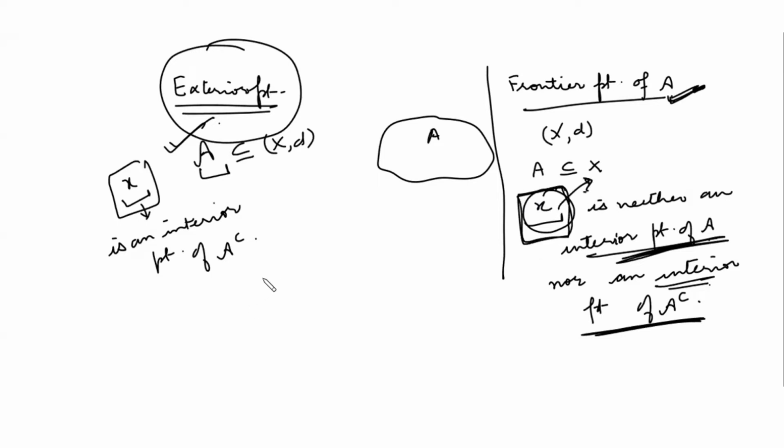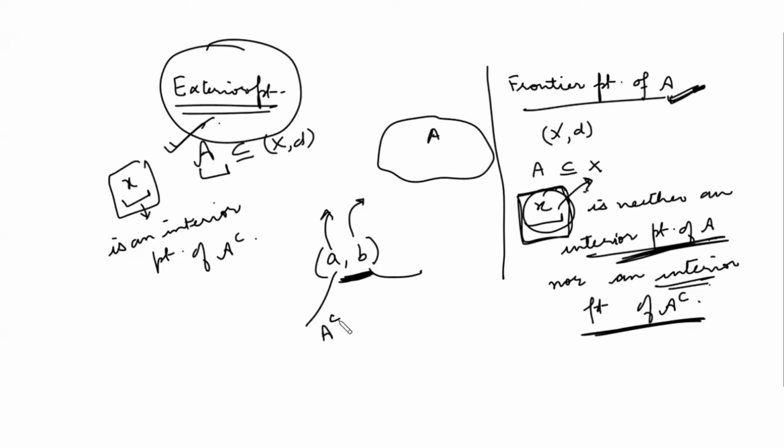For example, if you see an open interval AB, in this open interval AB, the endpoints A and B, they both are the frontier points of A, because A is not an interior point of this open interval AB. B is not an interior point of an open interval AB, right?